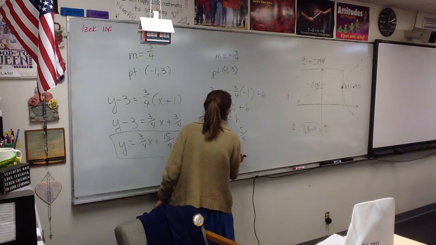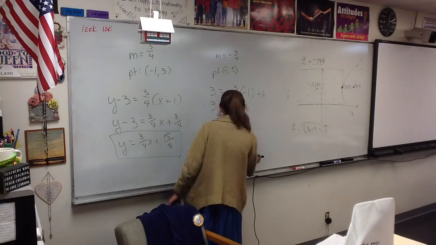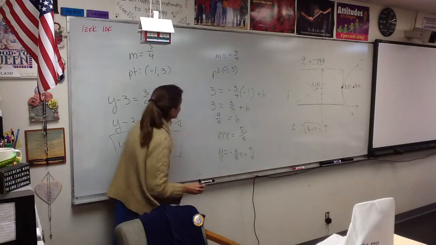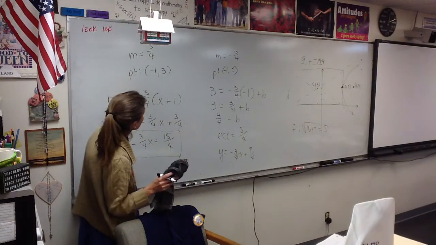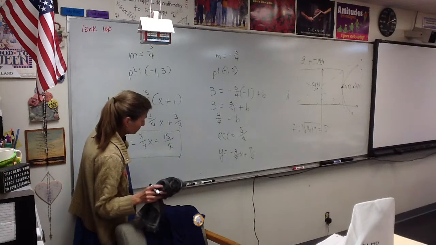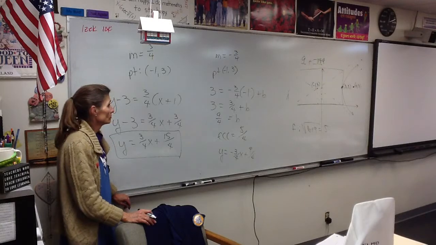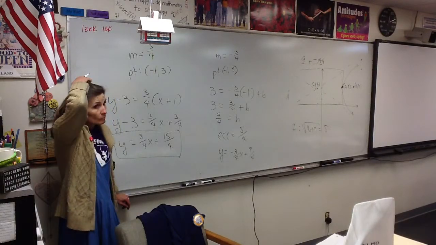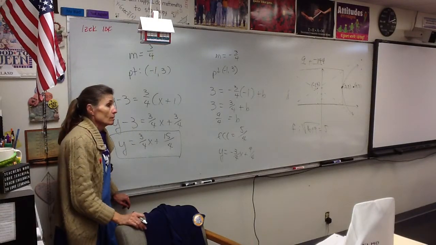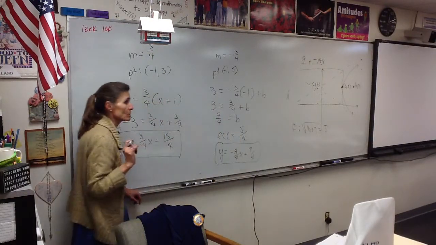So y equals negative 3/4 x plus 9/4. And these go in the blank called asymptotes.